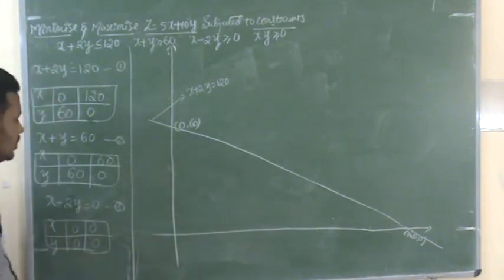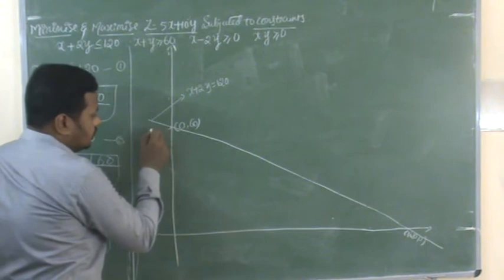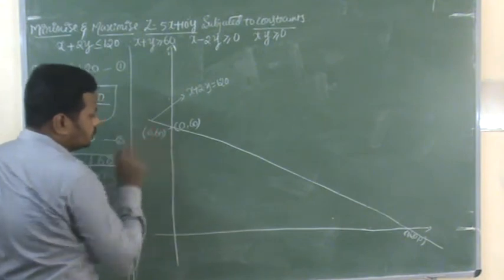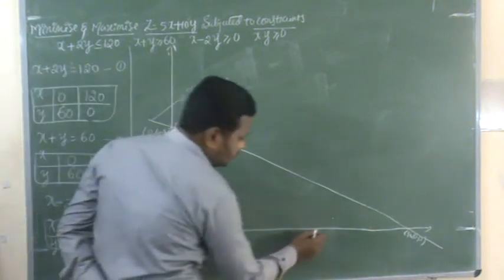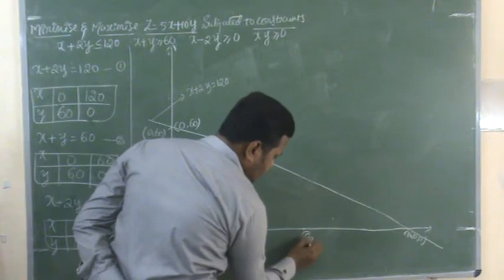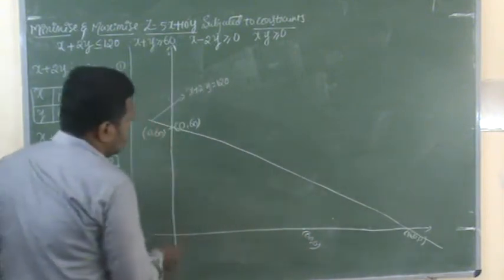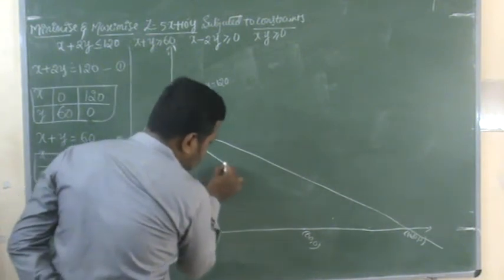For the second equation, x is equal to 0, y value is 60, that is (0, 60). Y is equal to 0, x value is 60, that is (60, 0). Again, join these 2 points.